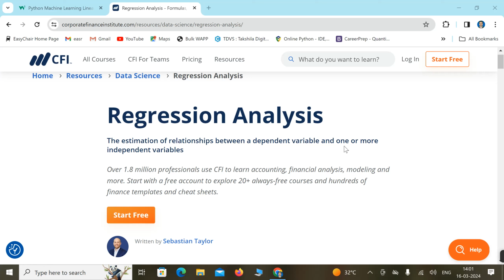It is a dependent variable because you are tendering the same currency in the market for all purchases. So the price is the dependent variable, and there is either one independent variable or more than one independent variable. Now, what type of relationship is being established talks about the types of regression analysis.